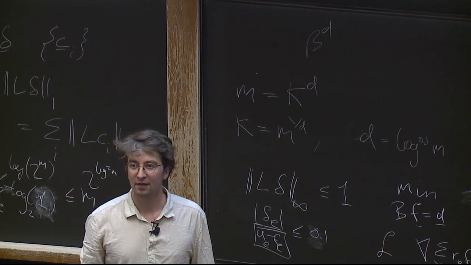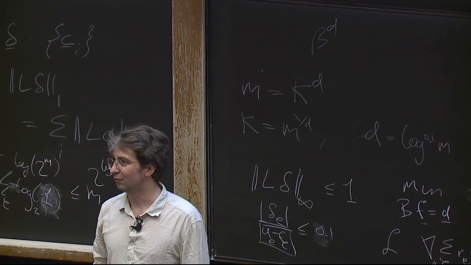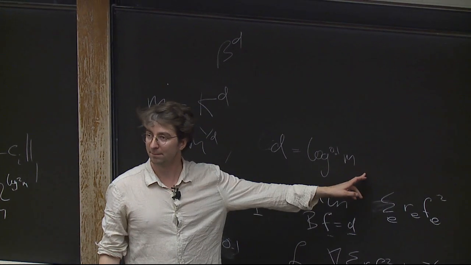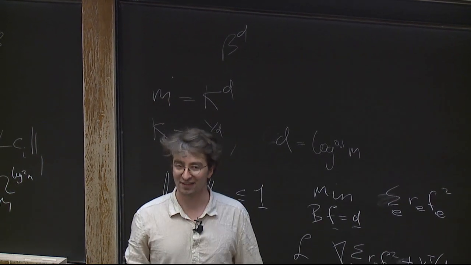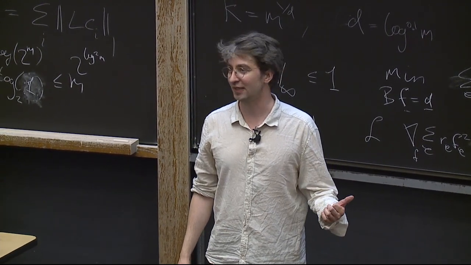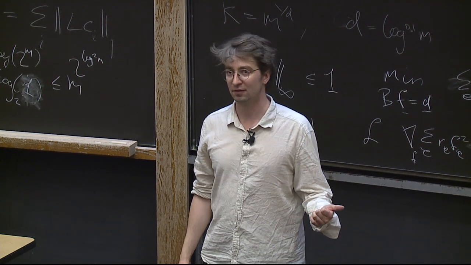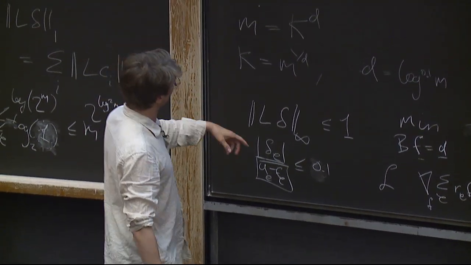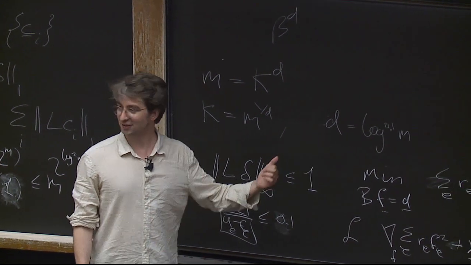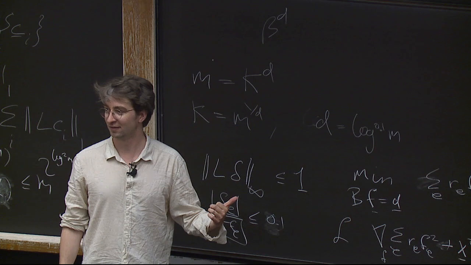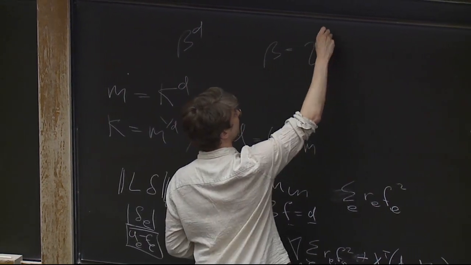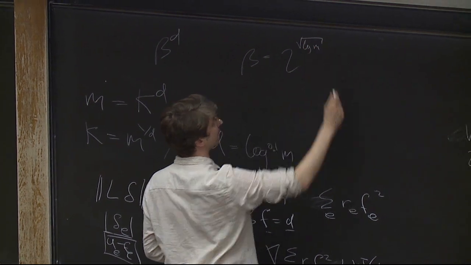Now, the question is, with the depth being log to the 0.1 of m, what kinds of beta can I afford and still have the approximation factor be m to the little o(1)? The answer is I can afford quite a lot. Suppose that I take beta to be 2 to the square root of log m.